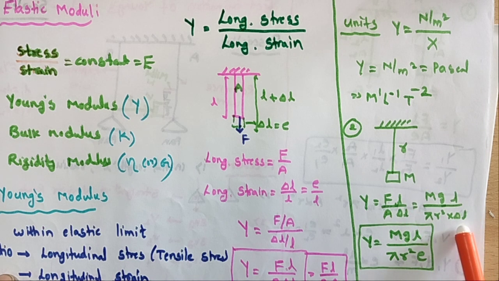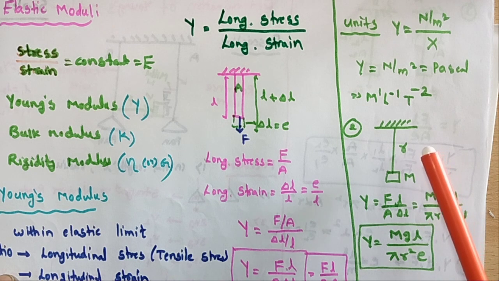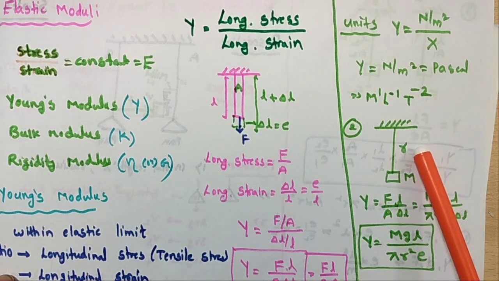So Y is equal to mgL by pi r square e. With this formula you can calculate the Young modulus of a given wire where the mass is given, and sometimes the radius or diameter is also given.